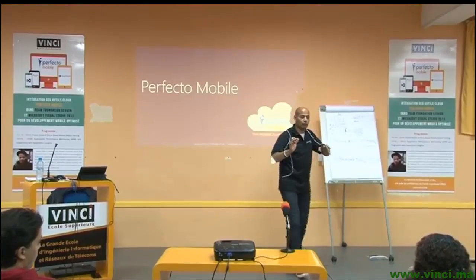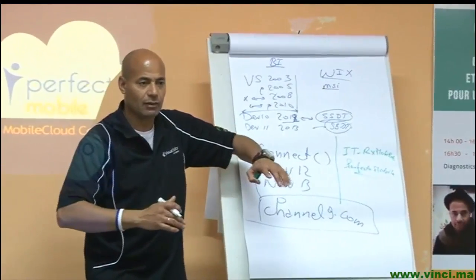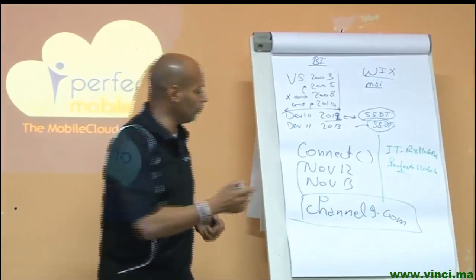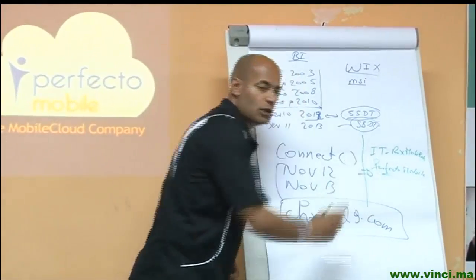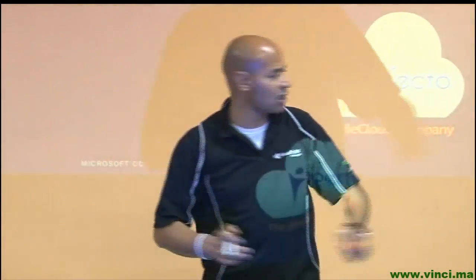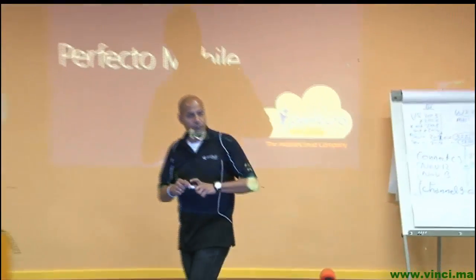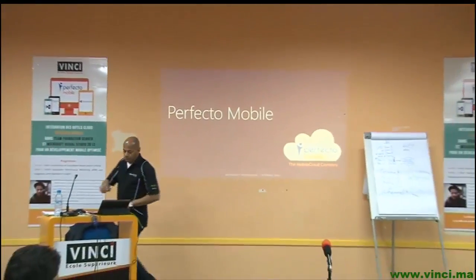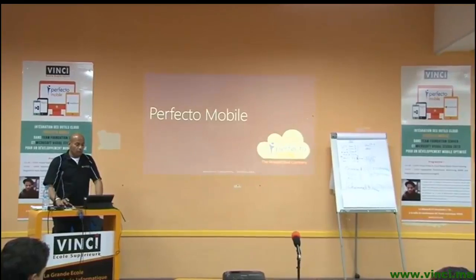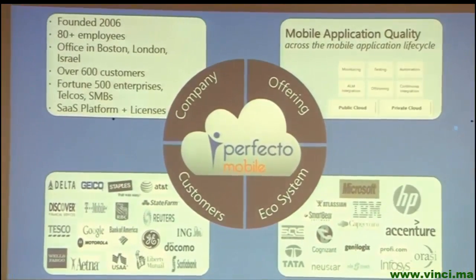We took the requirements against the two partners and discussed them, and Perfecto Mobile is the right choice for us to validate our requirements. That's why we chose Perfecto Mobile instead of ITRX Mobility. Right? So, Perfecto Mobile is a company that was founded in 2006.